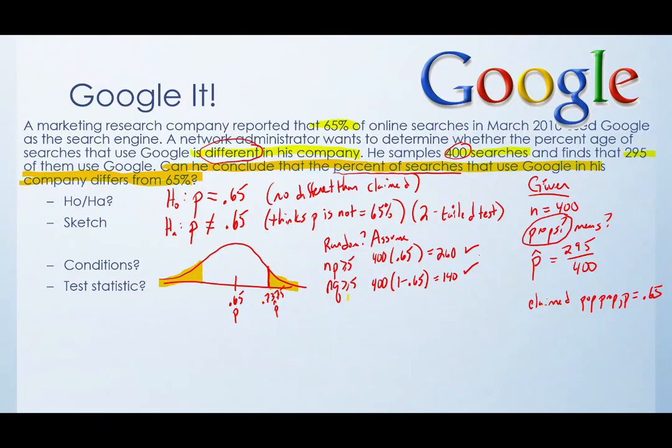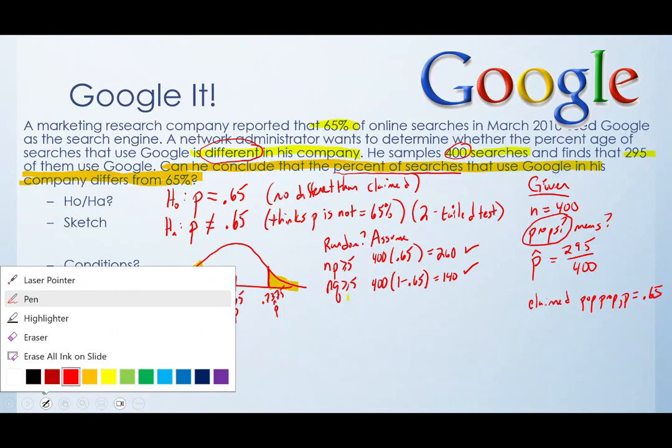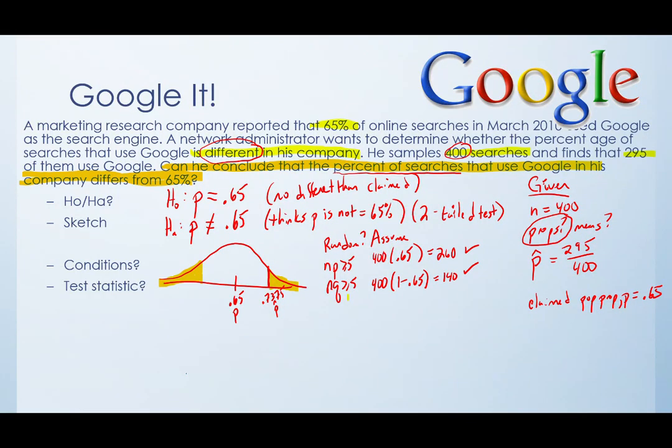All right, what do we do next? We need to find that area in the tail. In order to do that, we need to calculate a test statistic. Because we're doing proportions, we're going to do a z-score calculation: z equals p-hat minus p over the square root of pq over n.